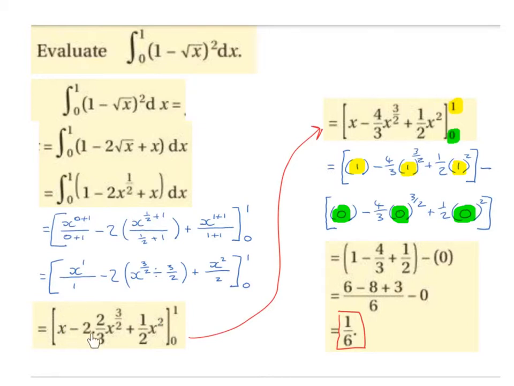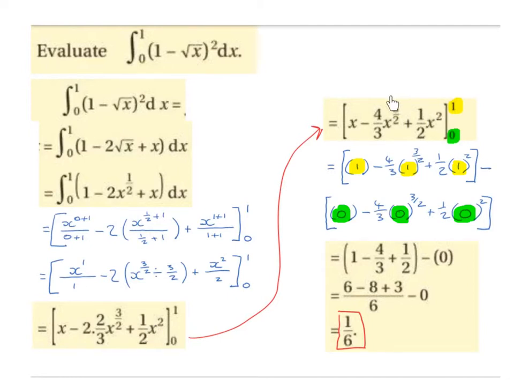So now we've integrated, now we just have to evaluate the limits. So x we bring over, minus 2 times 2 over 3, x to the power 3 over 2 is minus 4 over 3, x to the power 3 over 2, and we bring over the half x squared.